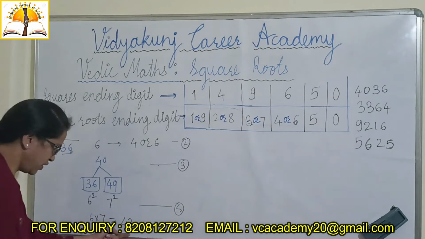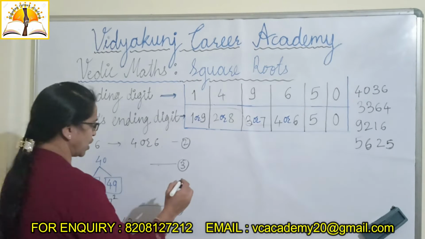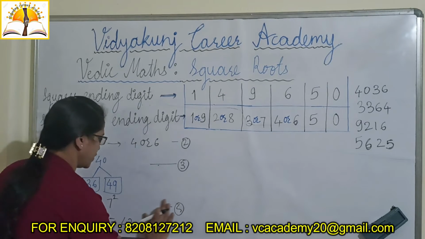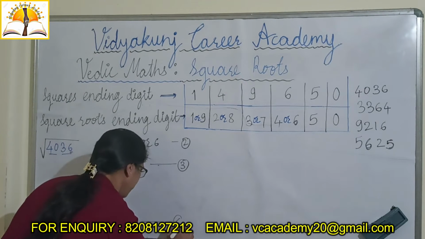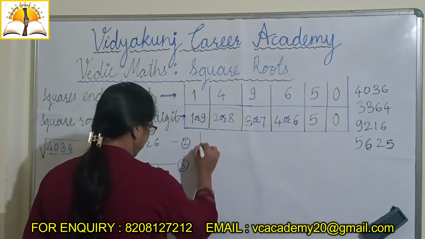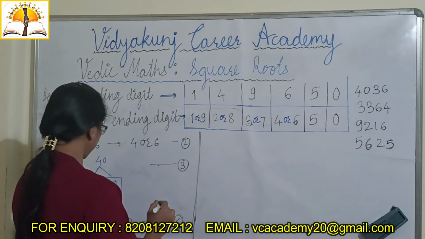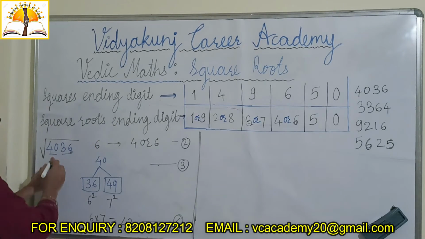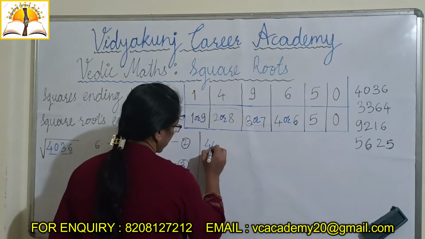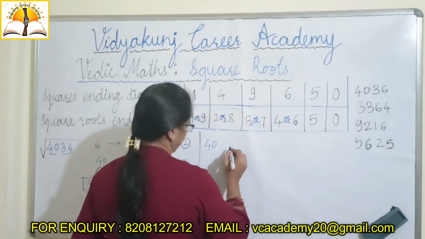Then after the fourth step, I will tell you the fifth step. This 40 number, I will write in blue. After multiplying 6 into 7, we get 42.